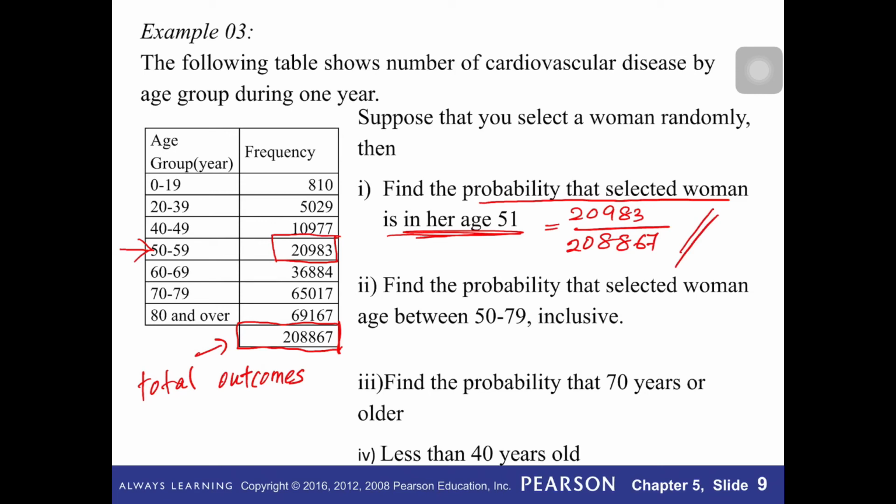Okay. Next one, find the probability that the selected woman is aged between 50 and 79. So 50 and 79, okay, which means this group, right. So you have to calculate the frequency within this group. First you have to add 20,983 plus 36884 plus 65017, and get the value.